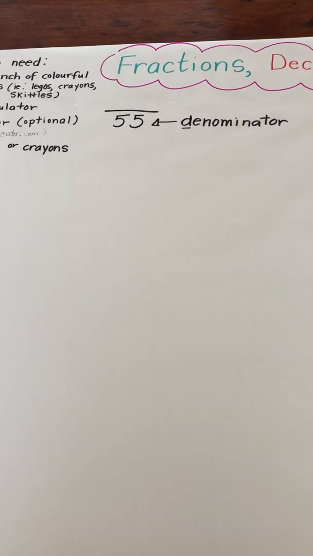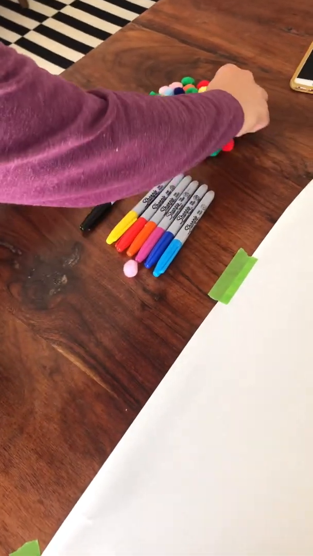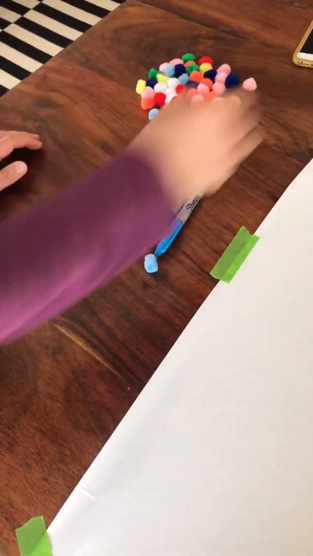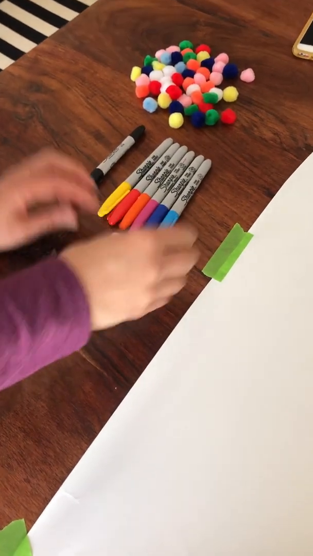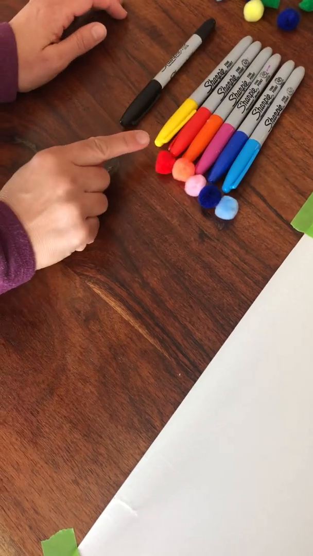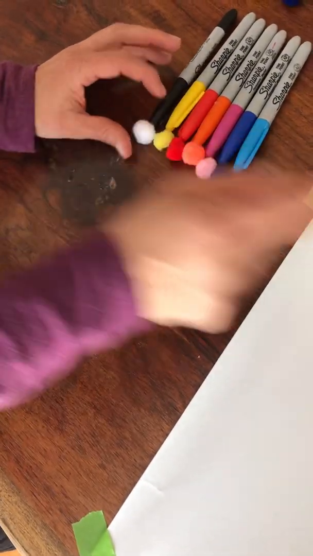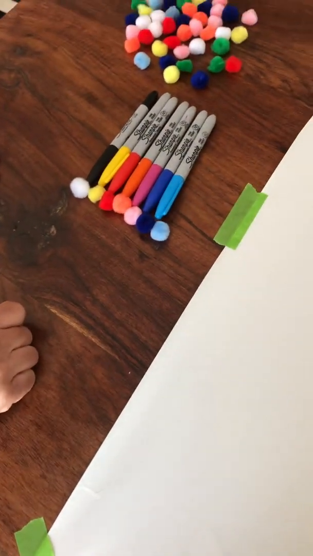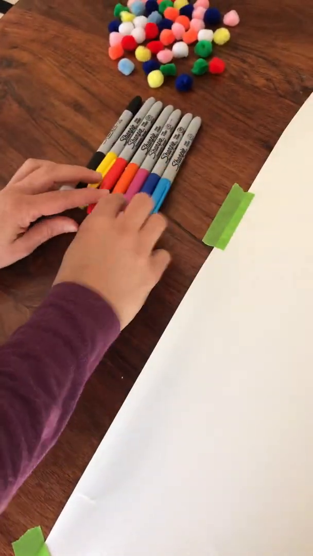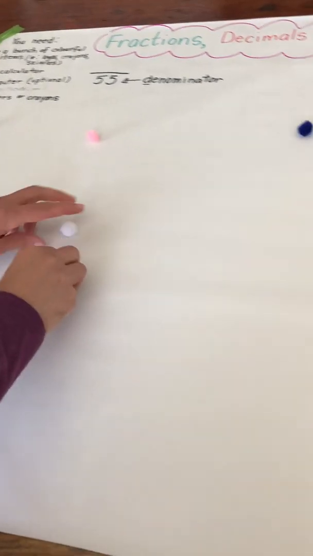So I have markers here and I kind of matched up the colors just because I wanted to have some coordinating colors. You don't have to do that, but I know there's a lot of you in my class who like to do things like this. For white pom-poms, I'm using black, so it'll show up. So what I'm going to do is I'm going to sort my pom-poms into colors. Now I have 1, 2, 3, 4, 5, 6, 7 colors.